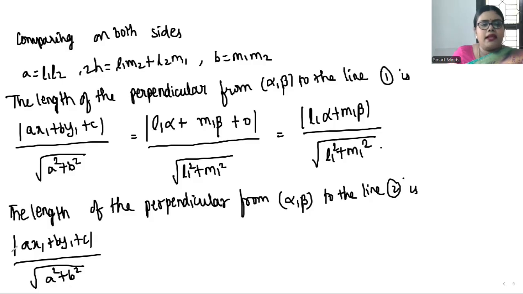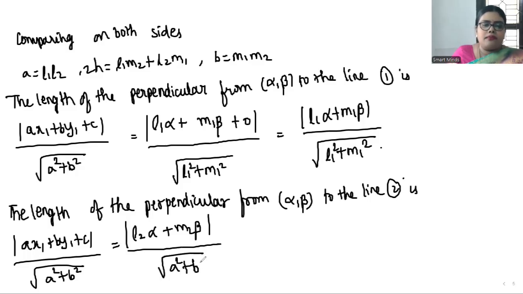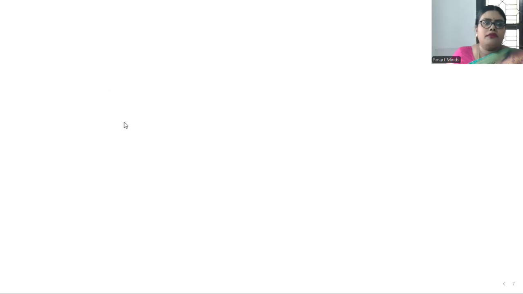But in the second line, A and B are L2 and M2. So that is L2 alpha plus M2 beta. C is anyhow 0, so I am not writing it, by root A square plus B square. Understood? So we got one perpendicular distance. This is the other perpendicular distance. Now we have to multiply both of them.